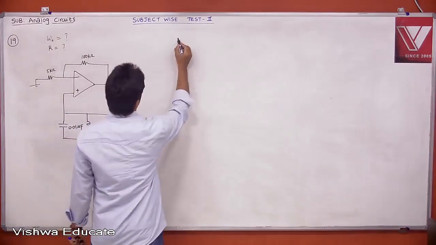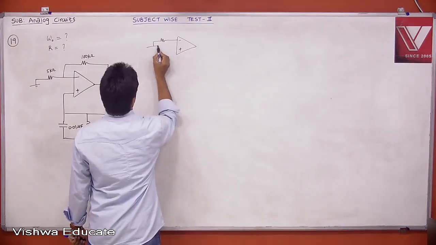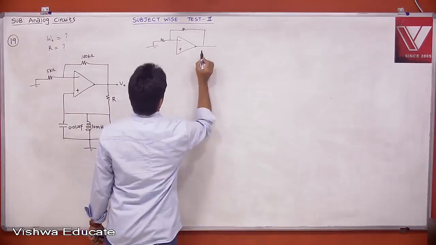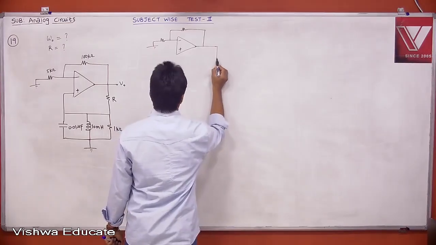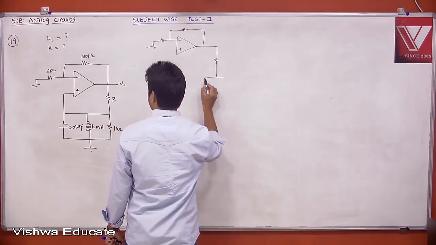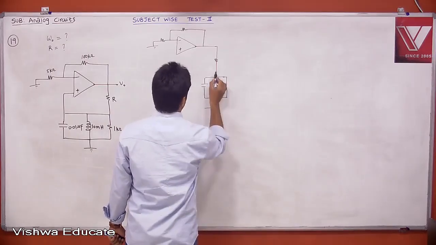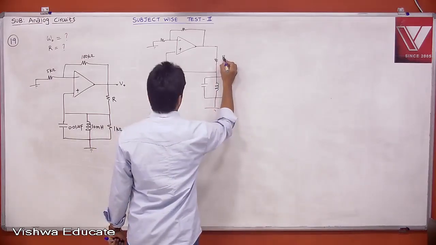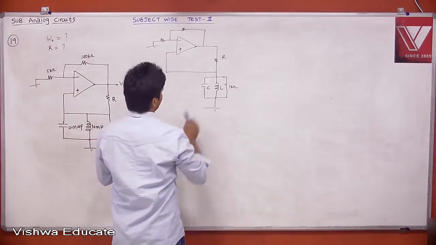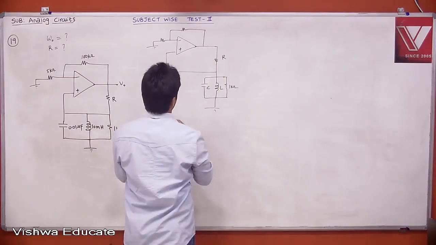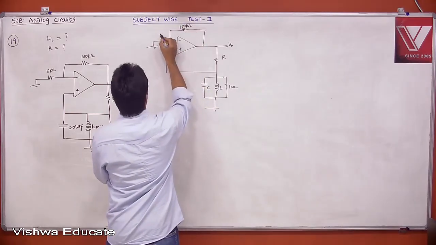If I write this as minus plus, this is your V naught, and this is 100K, and this is 5 kilo ohm.